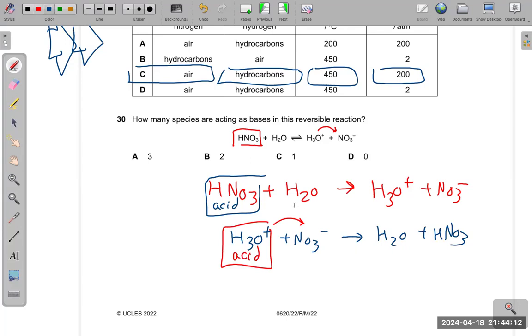And where are the bases? This one got the proton, changing from H2O to H3O+, so this is the base. And here, this one took the proton, changing from NO3- to HNO3. So this is a base. So I have two structures acting as bases and two as acids. The question asks how many are acting as bases.